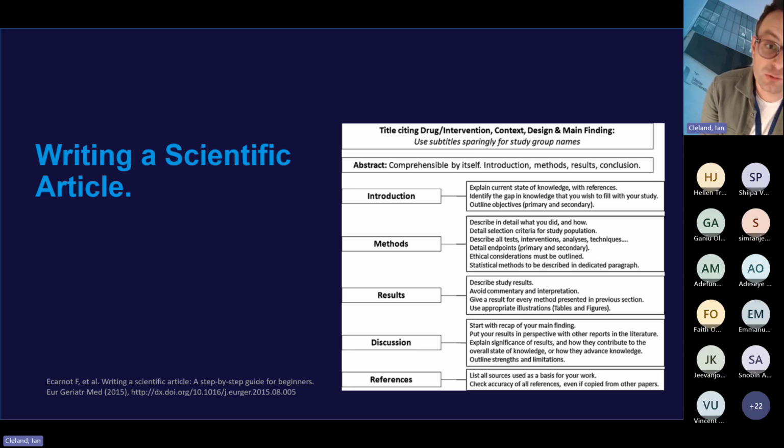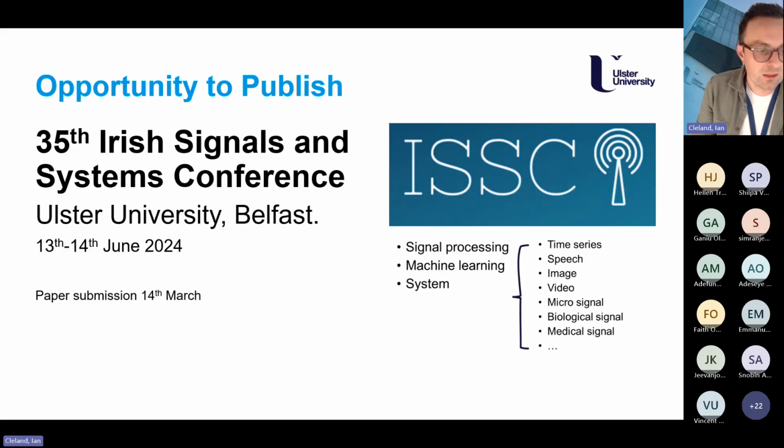And this slide just shows some of the things that you can expect to see in those different sections of introduction, background, methods, results, discussion, and references. So if you want to get some insight into how to begin writing an academic paper, I'd really recommend that conference paper from 2015, because it goes into detail about what those different components might look like.